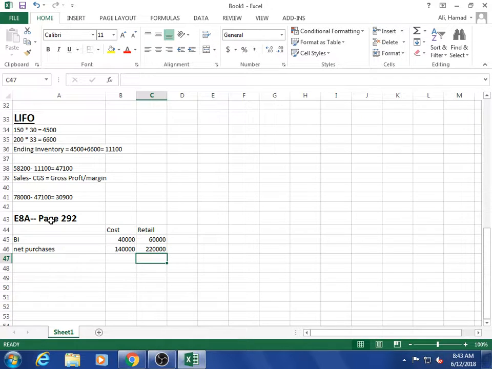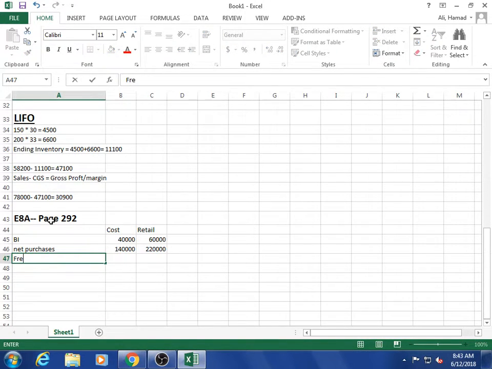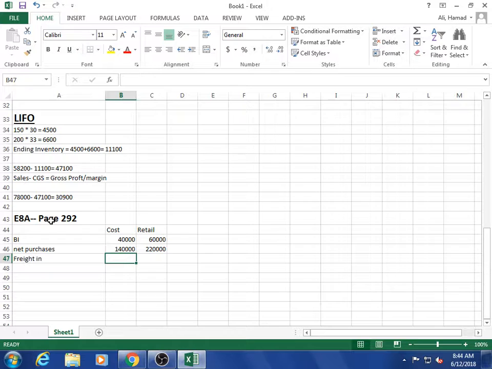We notice that we have freight, and the freight should be part of the cost. So freight in is 10,400.